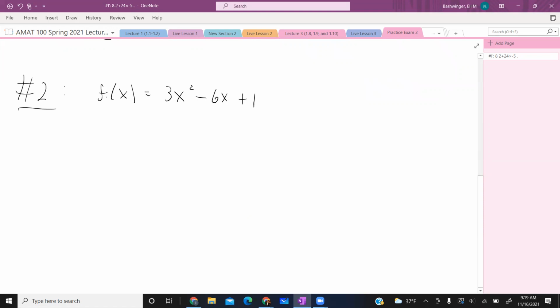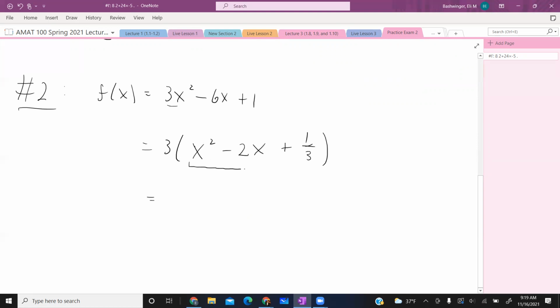To put it in standard form, we need to complete the square, and then we'll be able to gather a lot of information about this function, which will enable us to graph it. First, to complete the square, we need to factor out 3 from the whole expression. So we get 3 times x squared minus 2x plus 1/3.